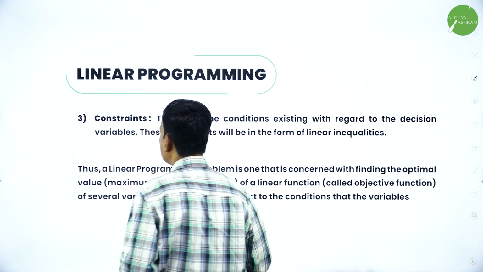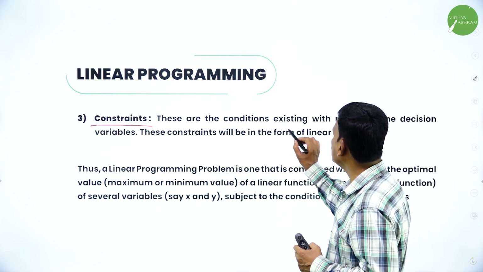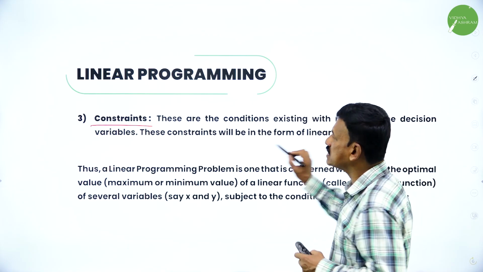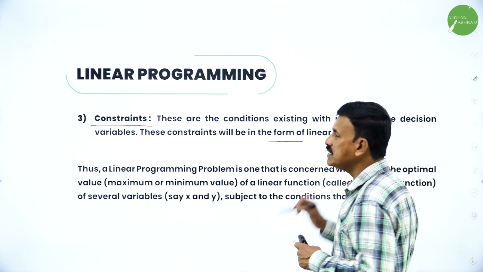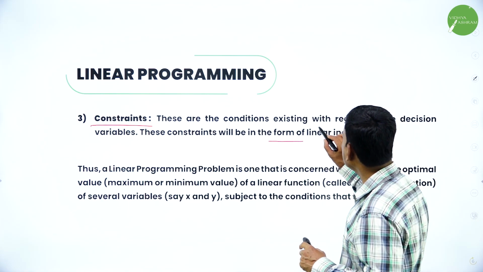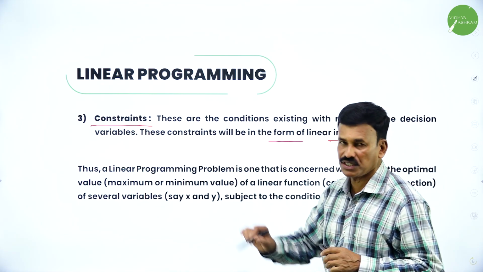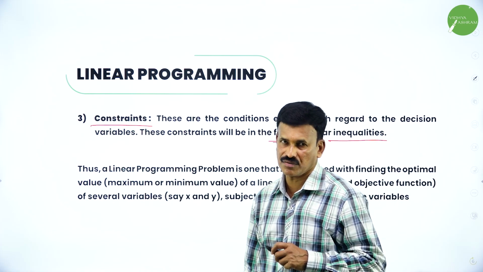Now, the third very important component is the constraints. What are constraints? These are the conditions existing with regard to the decision variables, and these constraints will be in the form of linear inequalities.